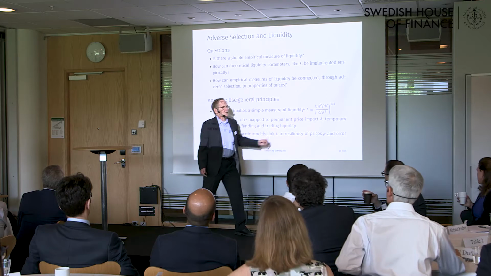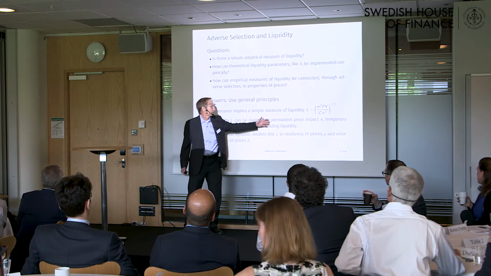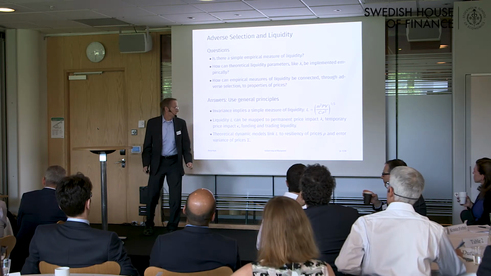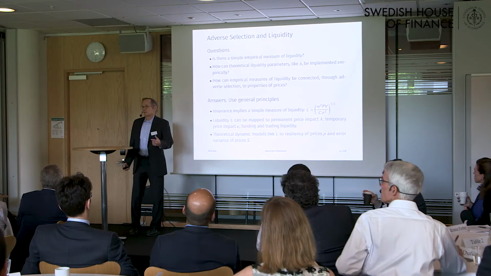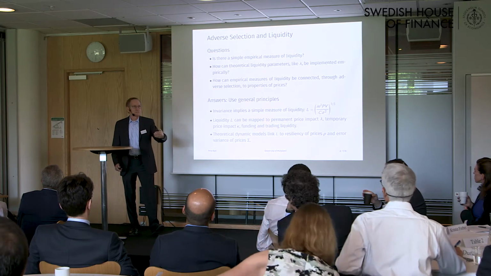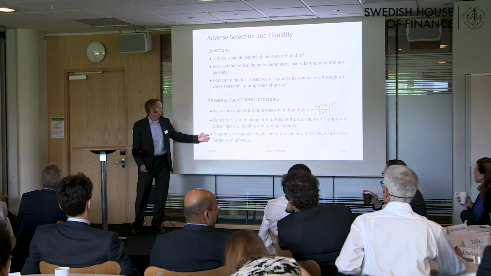What I'm going to do in the paper is map this liquidity measure L into some of my past research, in particular the price impact parameter lambda, and a new price impact parameter that I'm going to call kappa that has time units in it and takes account of the speed, essentially, with which you can trade.